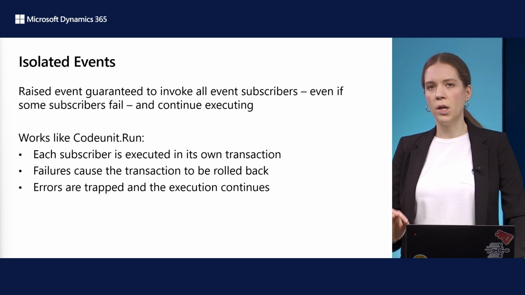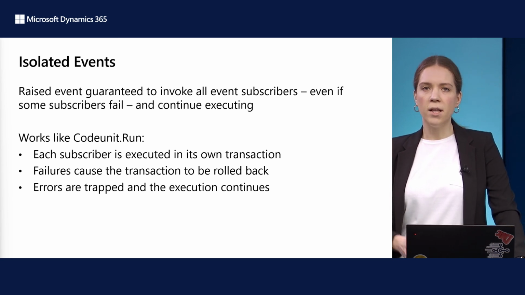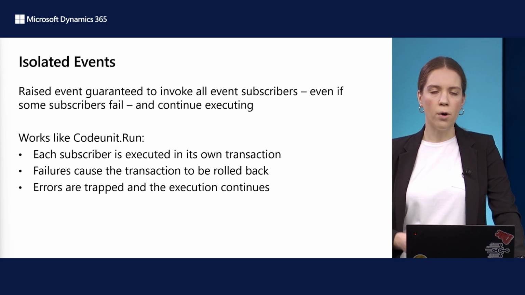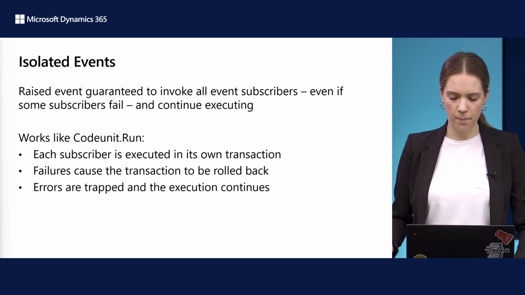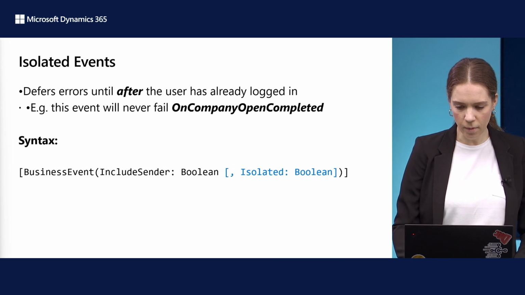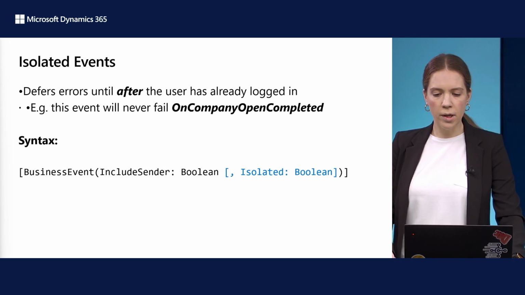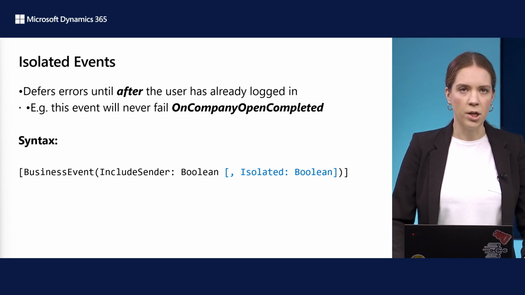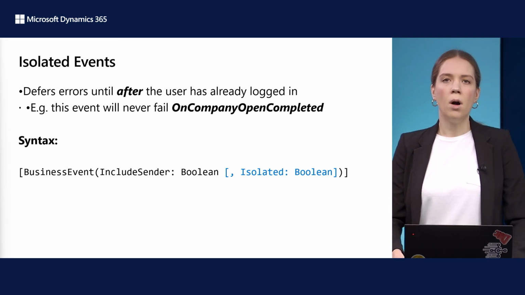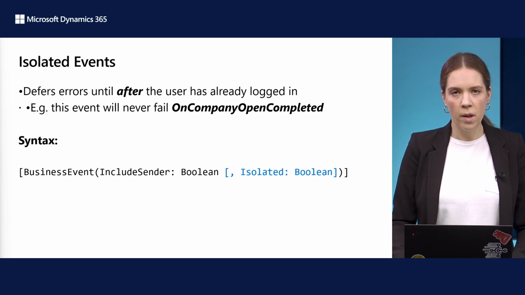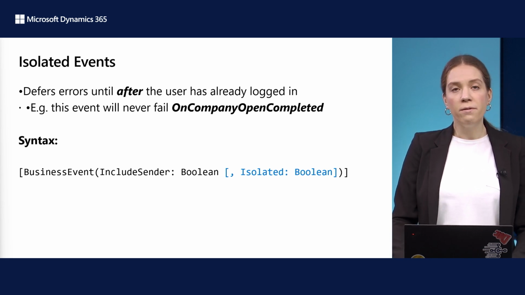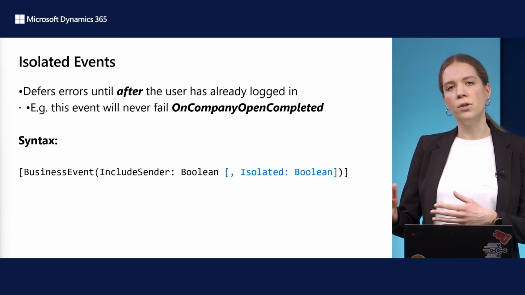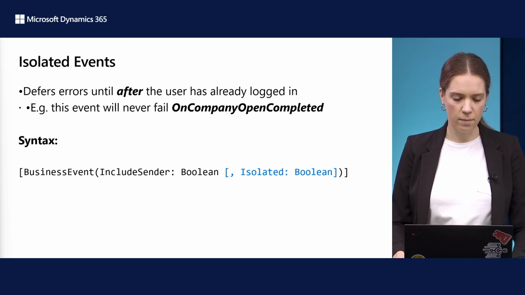You need to also make sure that there are no write transactions open before you raise this event. So the new isolated events that were implemented in the application team are, for example, OnCompanyOpenCompleted. This event will defer errors until after the user has already logged in.